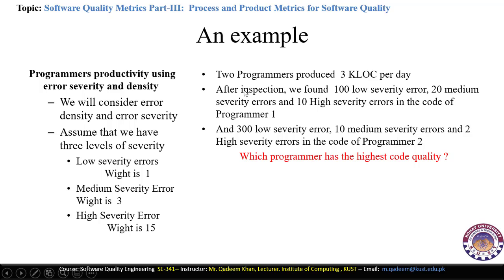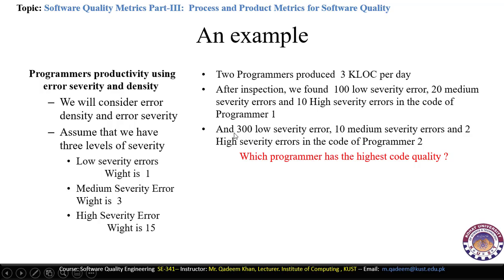Now after inspecting the performance of these two programmers, we have identified that 100 low severity errors, 20 medium severity errors and 10 high severity errors occurred in the code of programmer 1. So 100 low, 20 medium and 10 high is the performance of that programmer.